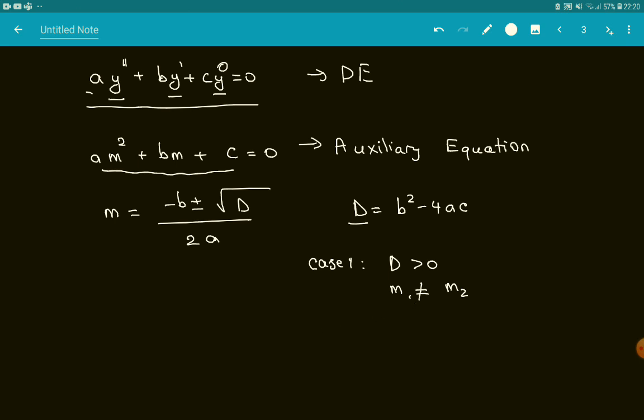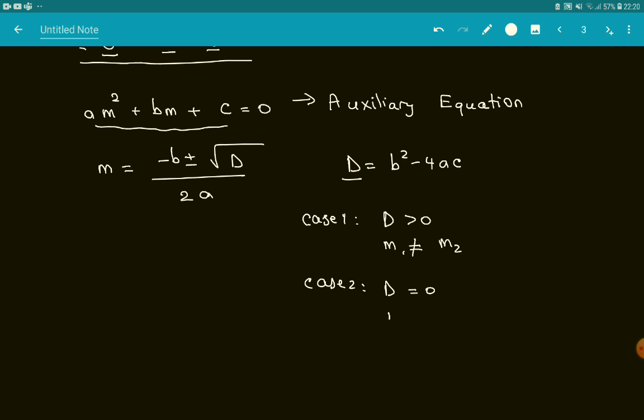For case 2, our discriminant can be equal to 0, which means that m1 is equal to m2, and this has one real root only.